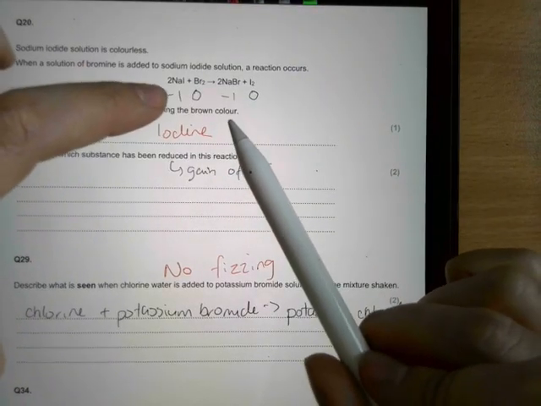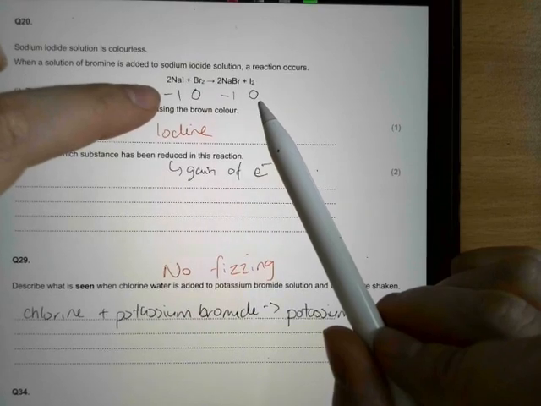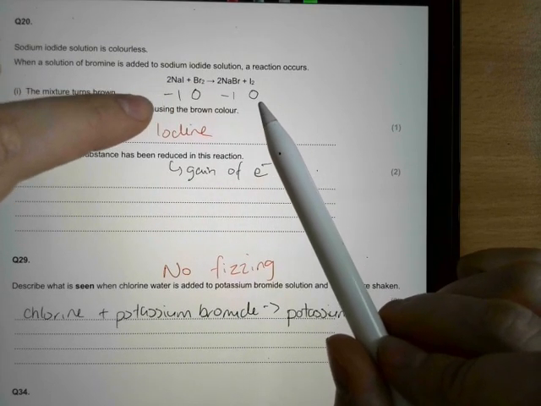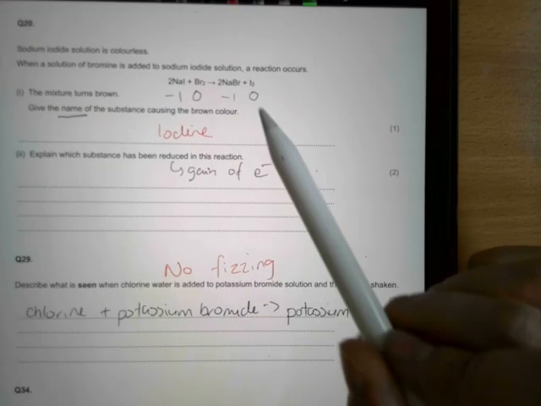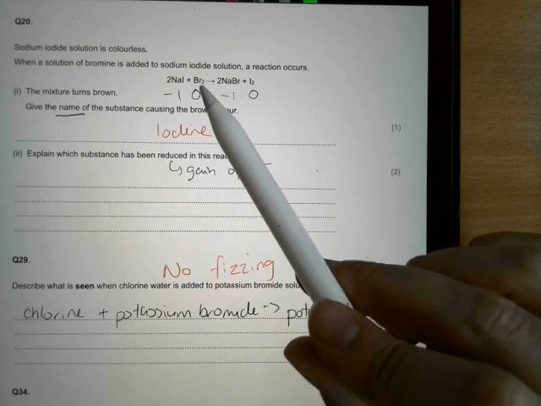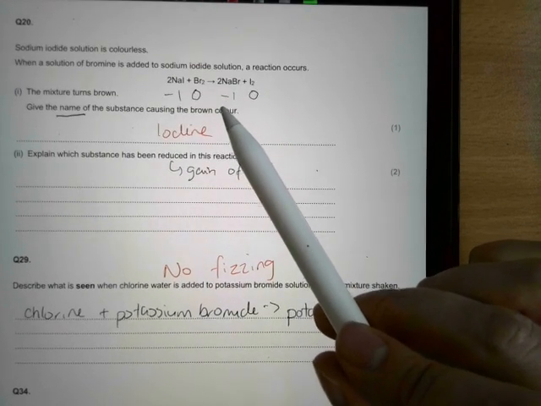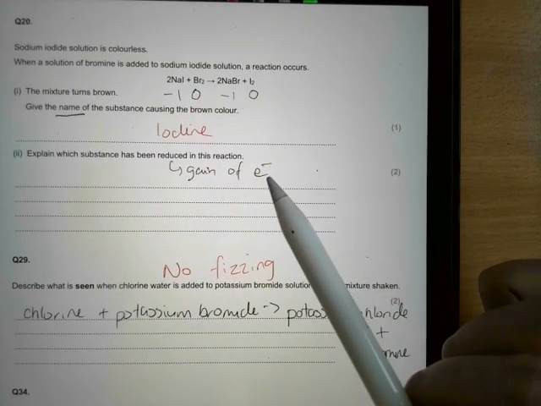Iodine is going from -1 to no charge at all. -1 means it had gained an electron, but it must have lost one to end up neutral. So iodine's being oxidized. Bromine, on the other hand, is going from neutral to a -1 charge. To get that charge, it must have gained an electron, therefore it's being reduced.